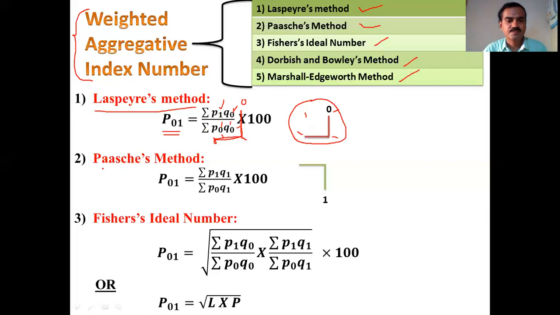And the next method is Paasche's method. So here P01 equals sigma P1 Q1 divided by sigma P0 Q1. Here also you write sigma PQ, and here 1 is there, here also 1 is there, here also 1 is there. So here also I have made a technique.